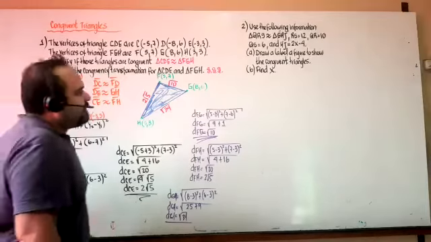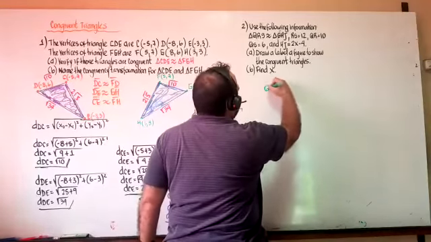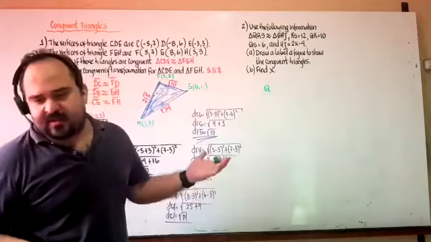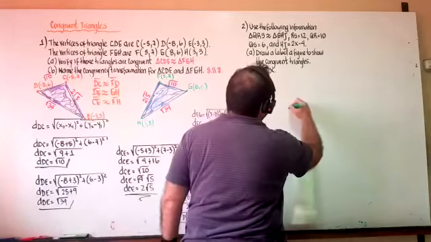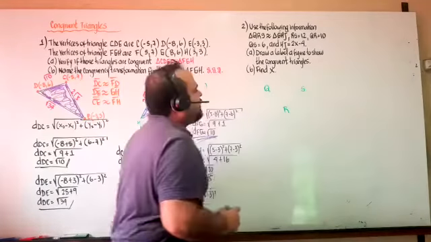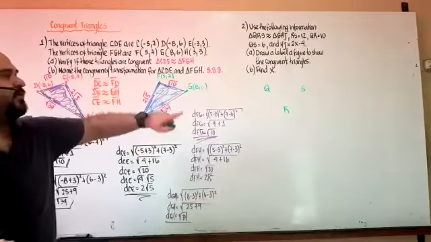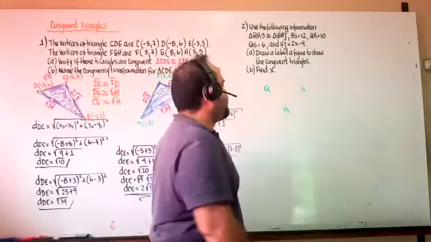I'm going to label the points. Point Q could be over here, right? Could be Q, could be R if we wish, QRS. Or if you wish, we can use the distance between RS and Q. It doesn't matter the order.